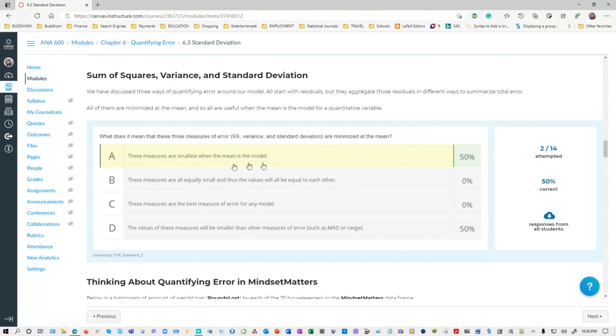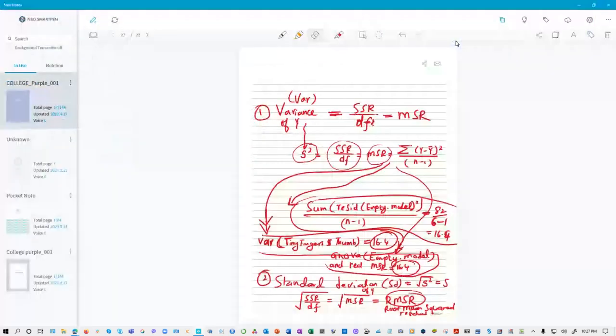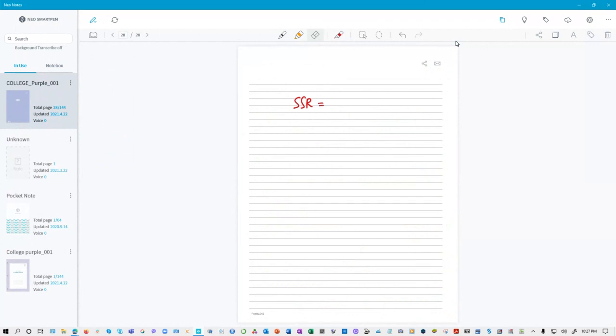As I mentioned, can you remember, I showed you how SSR becomes smaller. SSR, S squared, we were talking about SSR to quantify the error around the mean. SSR is nothing but the sum of y minus y bar squared.